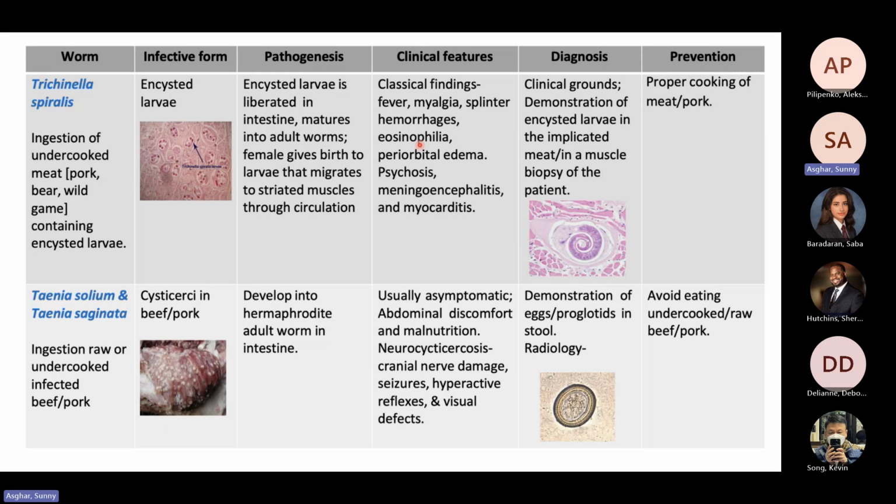I'm not sure if you guys have learned, but if you see high levels of eosinophils, they are usually in response to a lot of your parasites. We're going to have edema as well as psychosis, because this can go into your muscles and the brain too, causing meningoencephalitis.